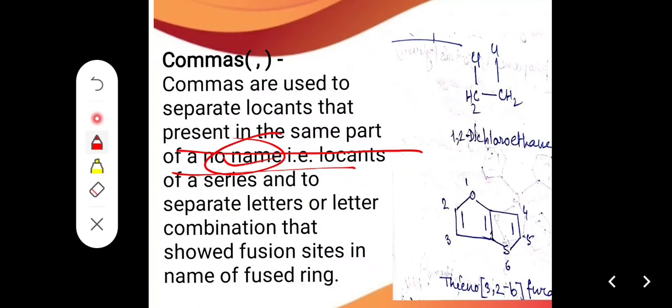They are the same type of letter and can be separated by a comma, or there may be a combination, that is 1, 2, 3, 4 with A, B, C, D. They are a combination of letter and numerical, and we can put a comma in between them to separate them. So for separation we can use a comma.